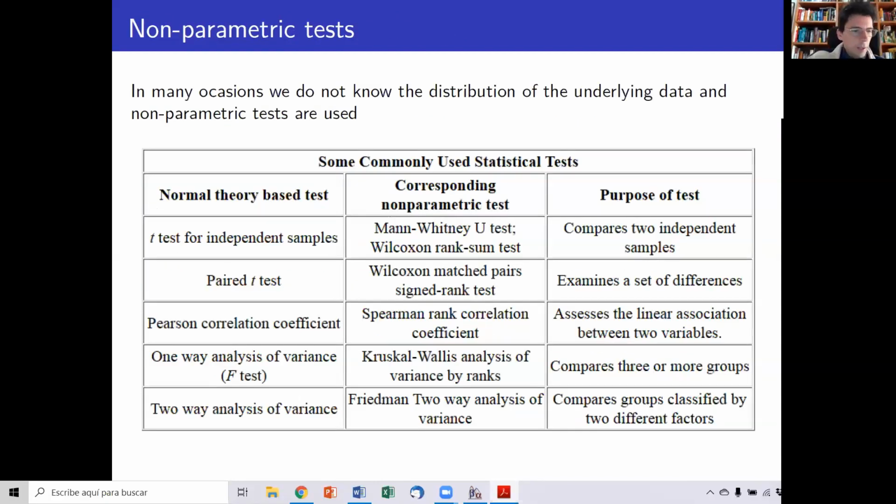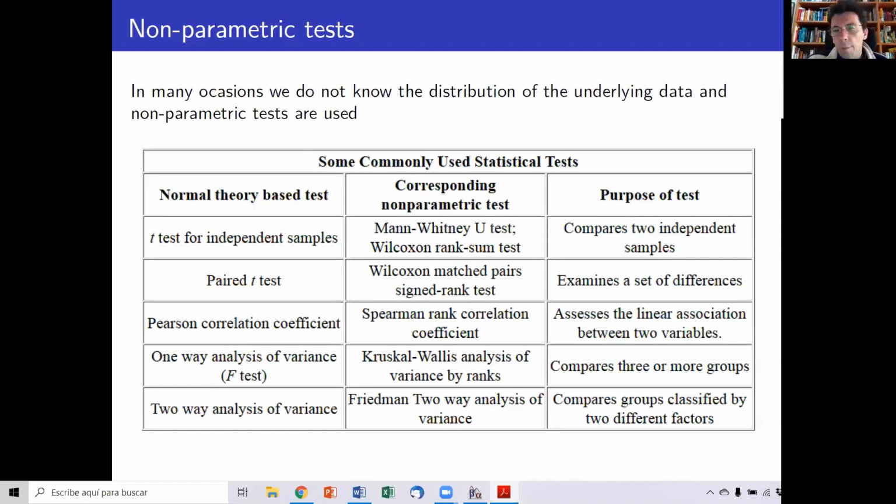Then comes this idea that sometimes you are using non-parametric tests to analyze the data. So we started all our sample size design saying, I need to know how you will analyze the data. And in the example of the concentration of the drug in the manufacturing machine, we made a hypothesis test. But sometimes you know that your data is not Gaussian, so you will have to do a non-parametric test.